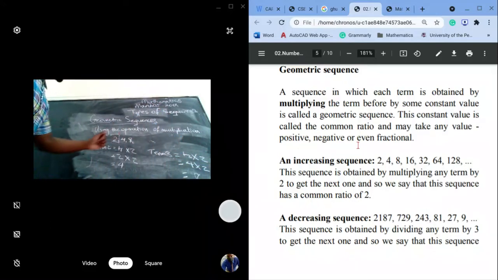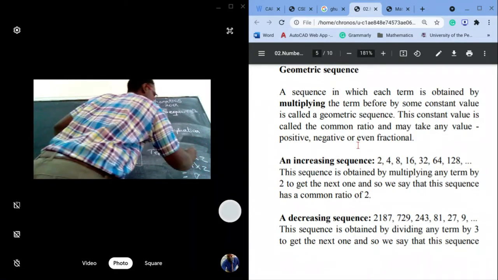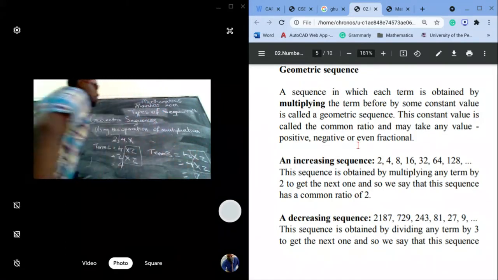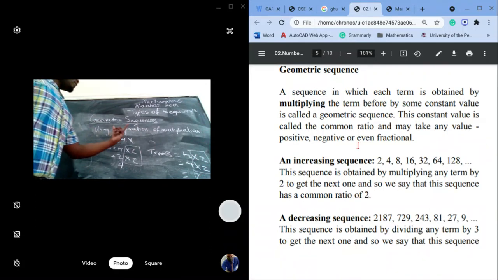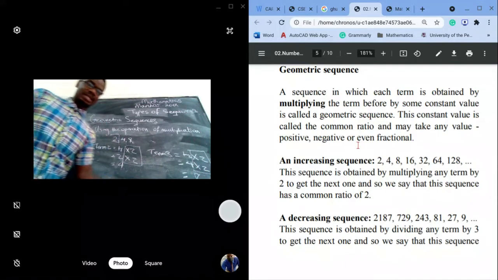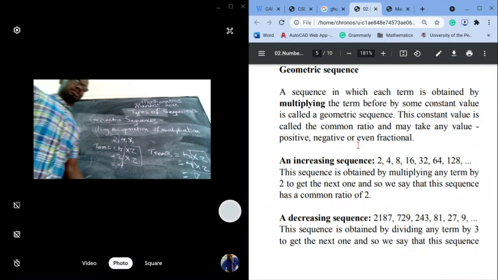Now, if you look on both sides, you find that the common difference between each term is that you multiply by 2. So that's the operation that we're referring to. All right? So write that for me. Using the operation of multiplication, we find the next terms in the sequence when we're dealing with geometric sequences.